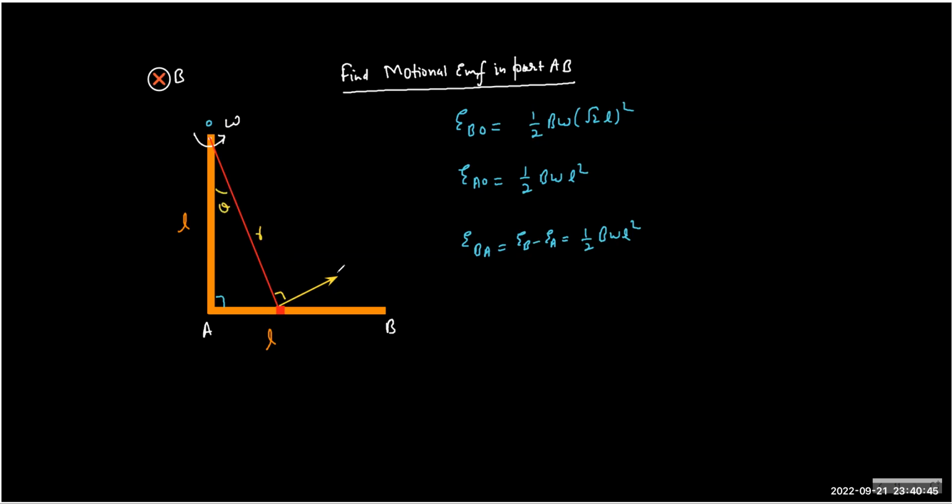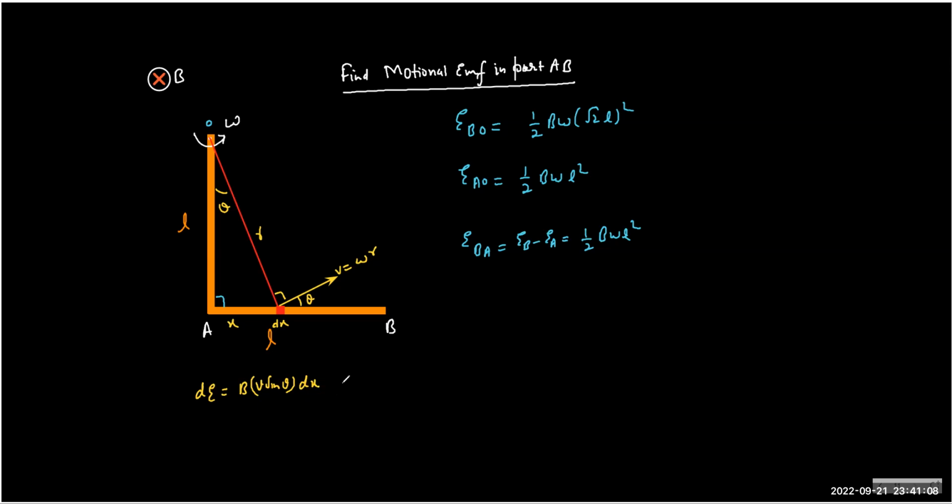So we can write V equals omega R. Let's say this is X. So the induced EMF will be B V sin theta, B V L dX.